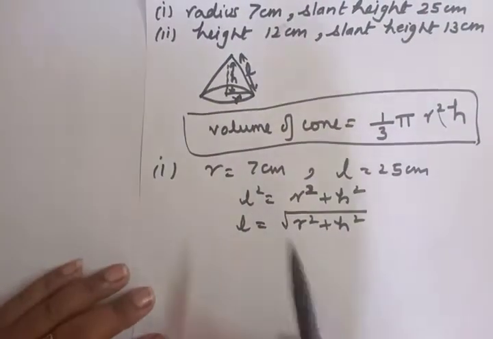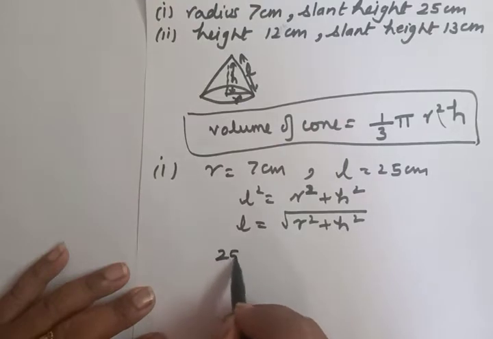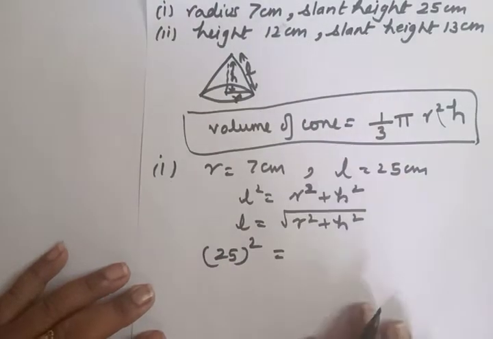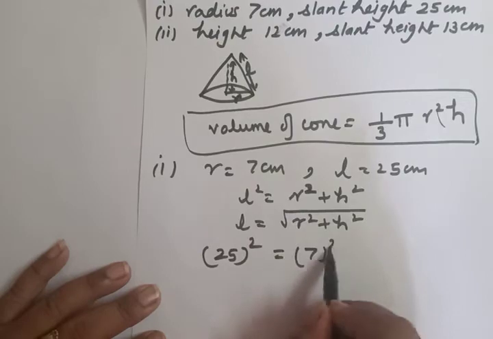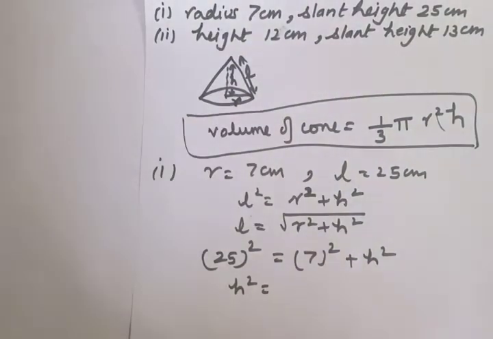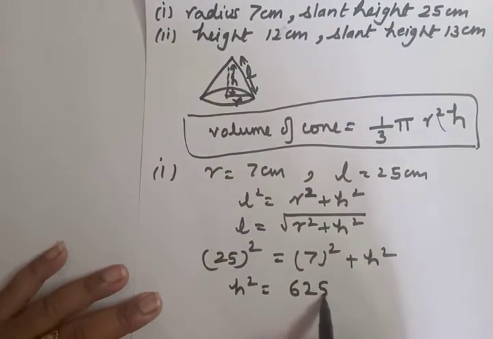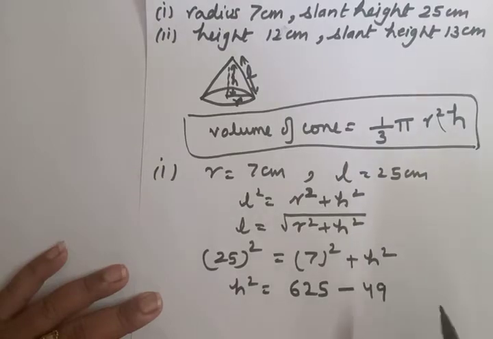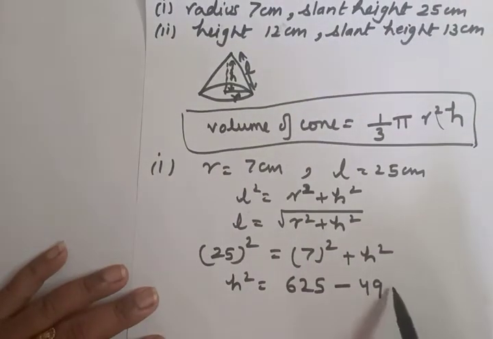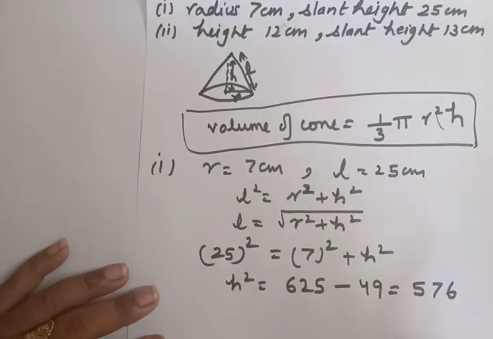Now L is 25 centimeter, that is equal to the square root of 7 square plus H square. So H square is equal to 625 minus 7 sevens are 49. I have taken this to this side, and this is equal to 576.